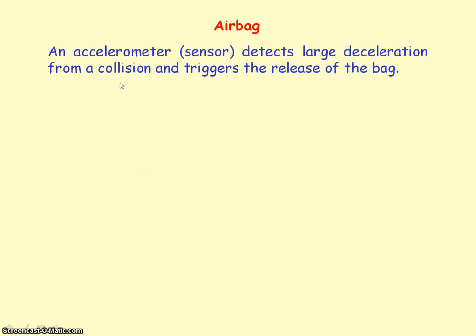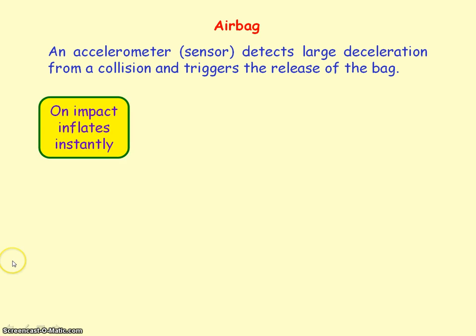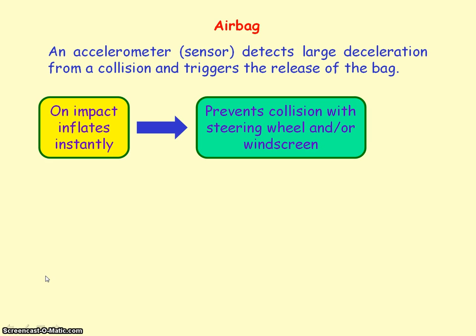An airbag is triggered when the accelerometer, which is a sensor, detects the large deceleration from a collision, and so the airbag inflates instantly, preventing the driver or passengers colliding with the steering wheel or windscreen.